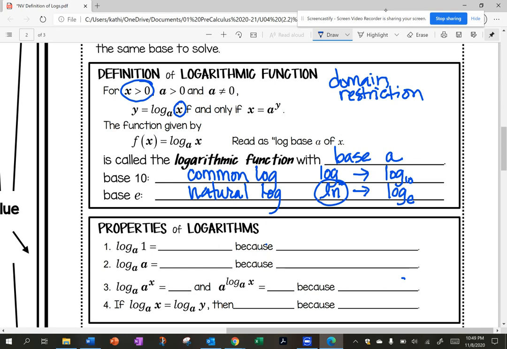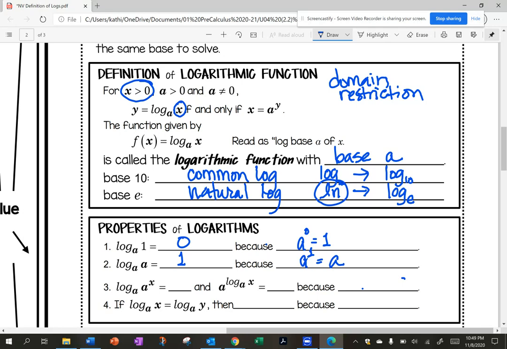Okay, properties of log. Log base a of 1 equals 0 because a to the 0 equals 1. Log base a of a equals 1 because a to the 1 equals a.